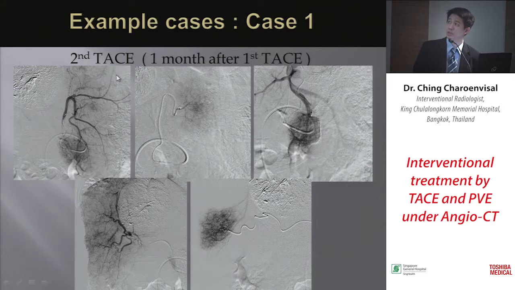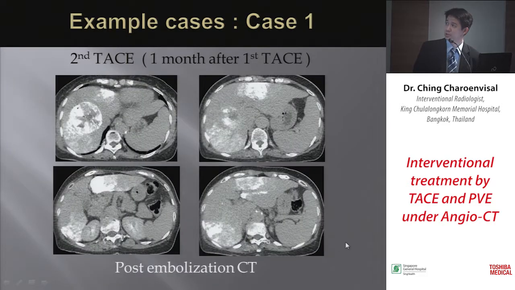And then we scheduled the second TACE 1 month after the first TACE. We treat the other HCCs in both hepatic lobes. We use the same technique as the first TACE. We do the CTAP again, CTHA again, and we super-selectively catheterize multiple feeding arteries. This is the post-embolization CT.